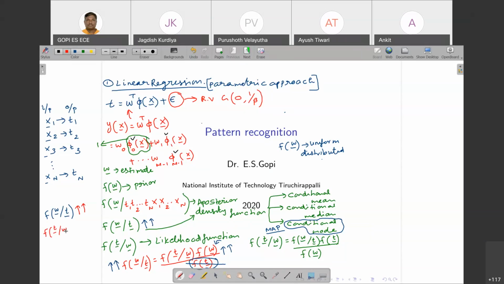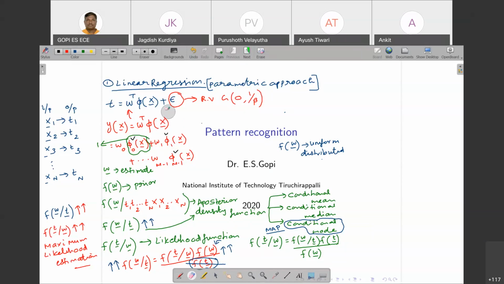Both are equivalent, right? That is what we call maximum likelihood estimation.